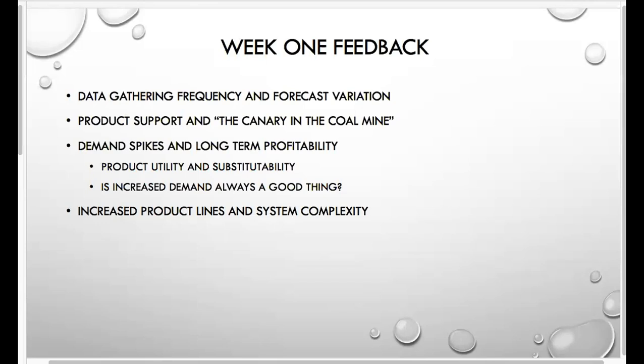So, demand spikes and long-term profitability. A couple people mentioned that when you have artificial scarcity, such as when you suddenly decrease the number of items available in a market, you have a demand spike in the short term, because people go, oh my goodness, there's a scarcity of these products. The price goes up and profitability goes up in the short term.